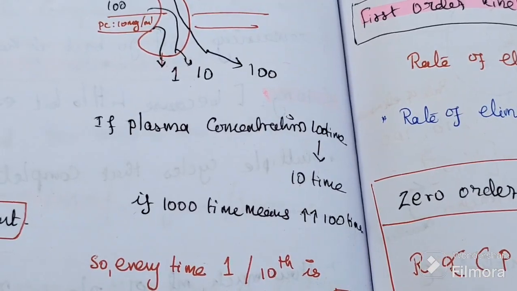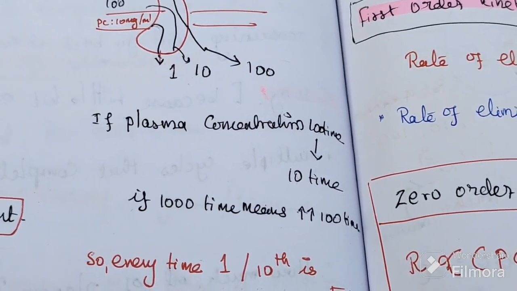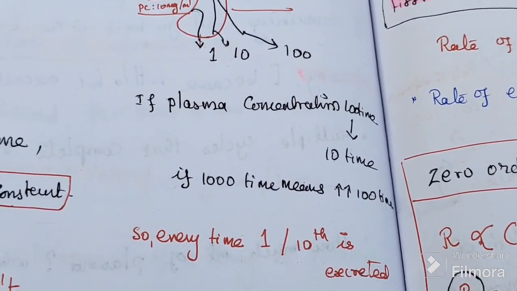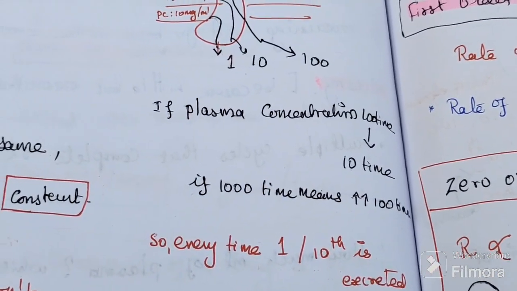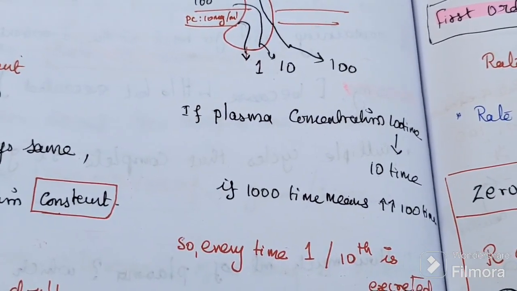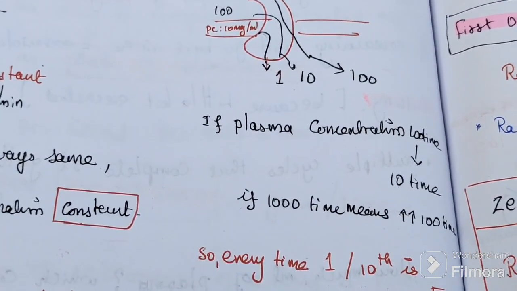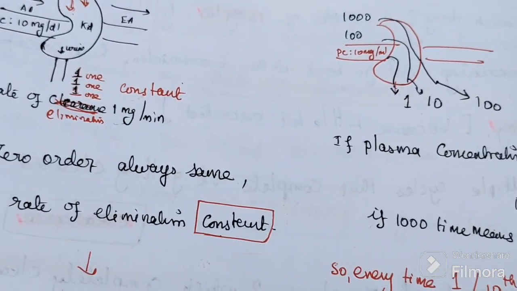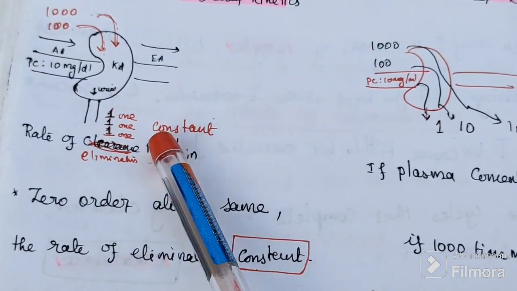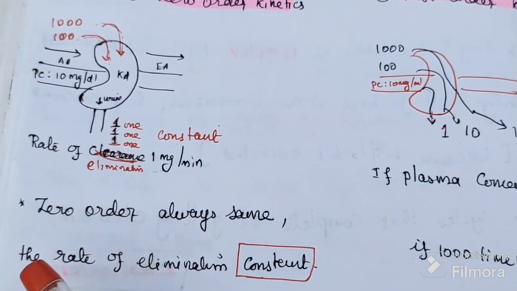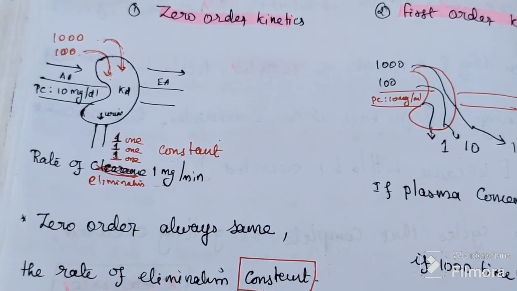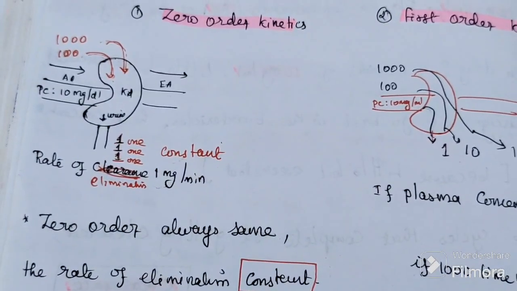The rate of elimination is directly proportional to the plasma concentration in first order kinetics. But in zero order kinetics, the rate of elimination does not depend on the plasma concentration. Plasma concentration 10, 100, 1000 does not matter, the rate of elimination is always 1. That is constant, fixed.